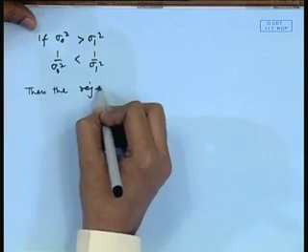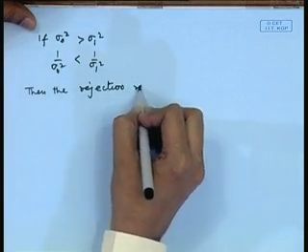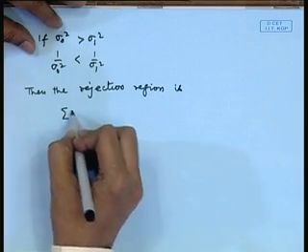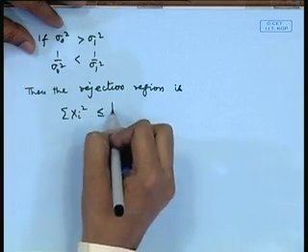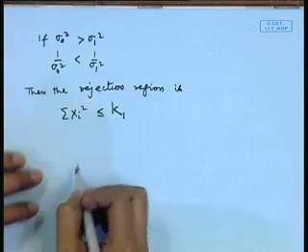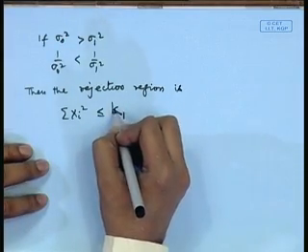then the rejection region is sigma xi square less than or equal to k, say k1.